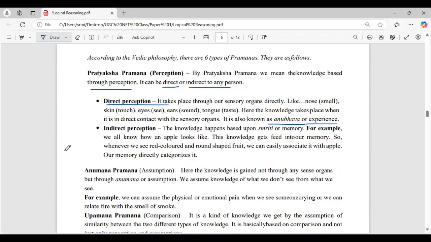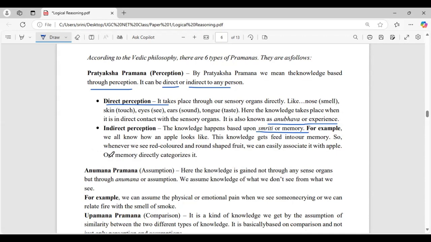Indirect perception happens based on smriti, or memory. For example, we all know how an apple looks. This knowledge gets fed into our memory through direct perception. So whenever we see a red-colored, round-shaped fruit, we can easily associate it with an apple.